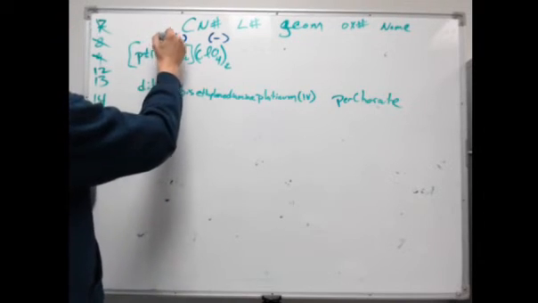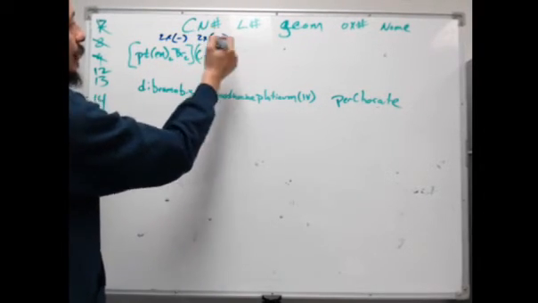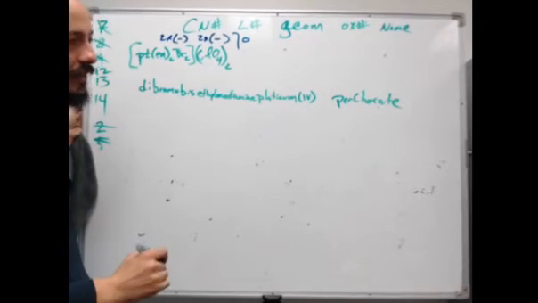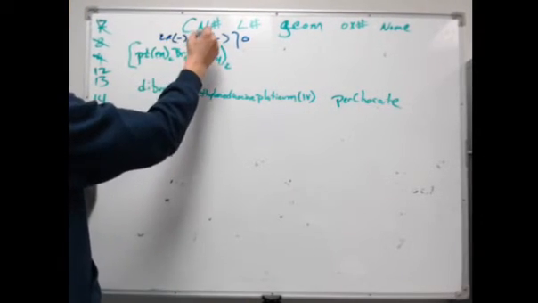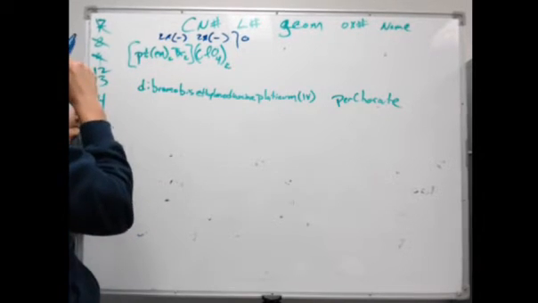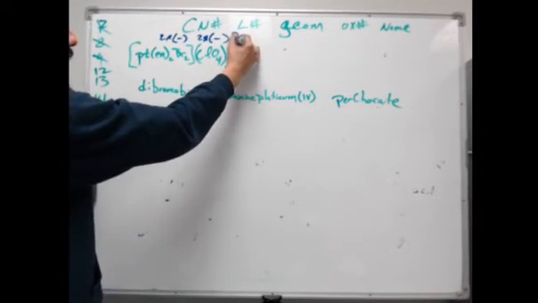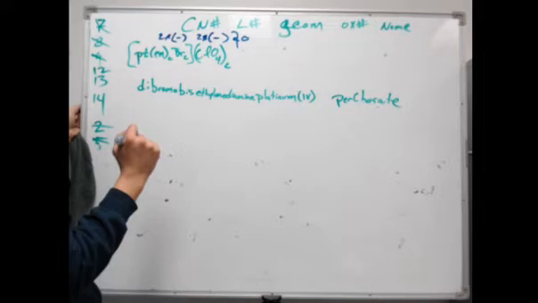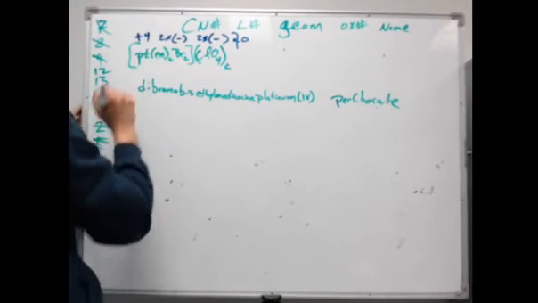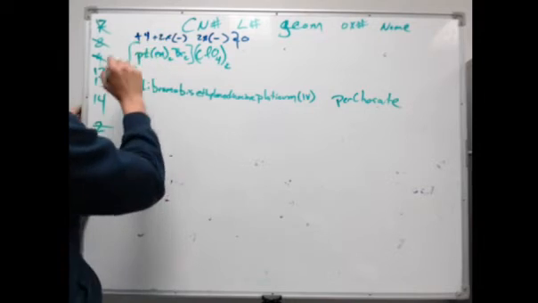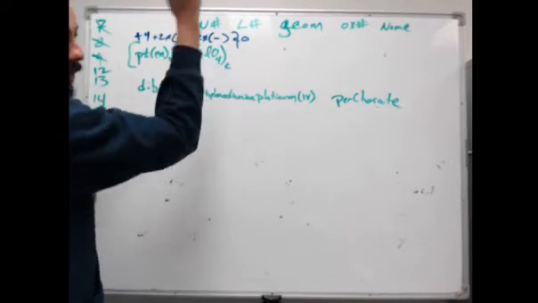So I've got 2 -1s there, 2 -1s there, and the overall charge is 0. So I have to have some charge on platinum that makes it so this is overall equal to 0. Has to be +4. So +4 -2 -2 is 0.